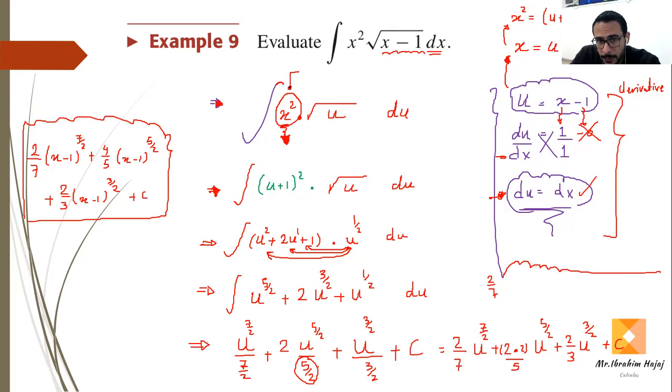Yes, you have x squared here. It's a problem that you still have x and u at the same time in the same integrand. You have to make the whole integrand in terms of one variable, u or x. So of course I want to get rid of the x and make it u. To do that, you have to solve for x in this equation circled in purple, u equals x minus 1.